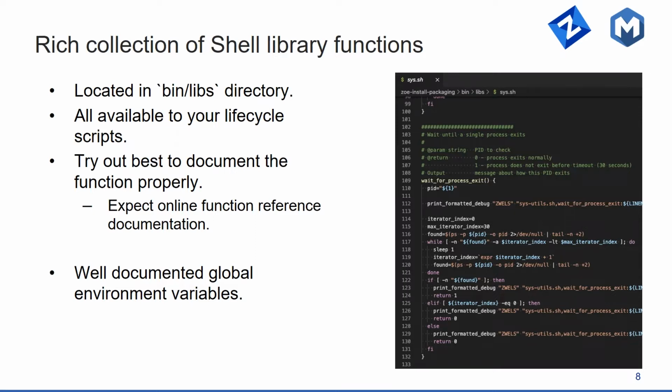In version 2, we also document every global environment variable. We have a dedicated section showing what variables we create during the Zowe runtime, and what you can use and what you are not suggested to use.